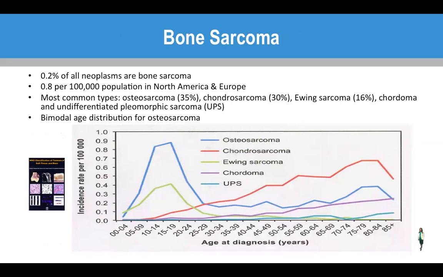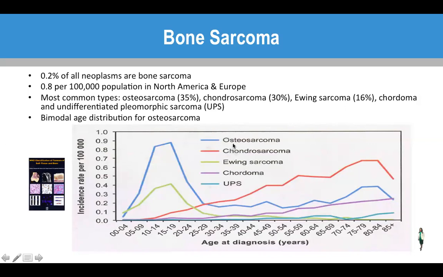For bone sarcoma, there are some common ones, for example, osteosarcoma, chondrosarcoma, Ewing sarcoma, chordoma, and undifferentiated pleomorphic sarcoma. UPS is a diagnosis of exclusion. So if we are accurate in putting the tumor into the right category, we don't end up with a lot of UPS.